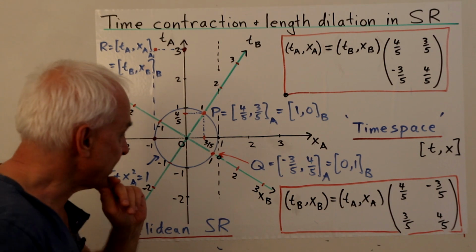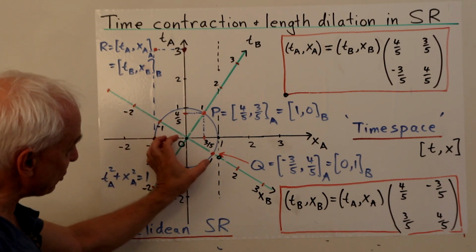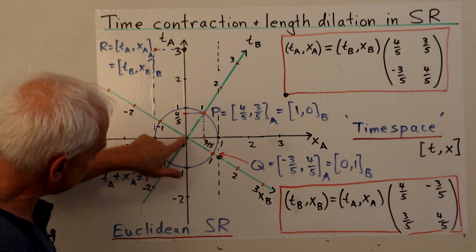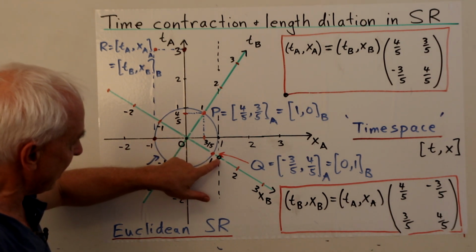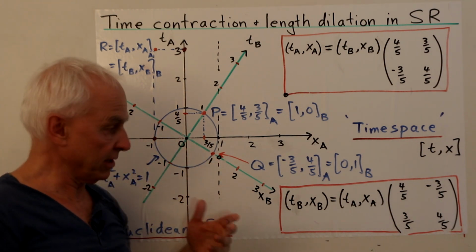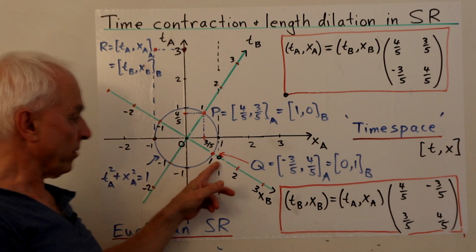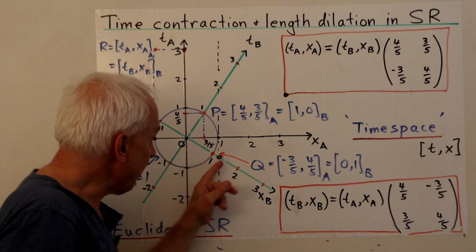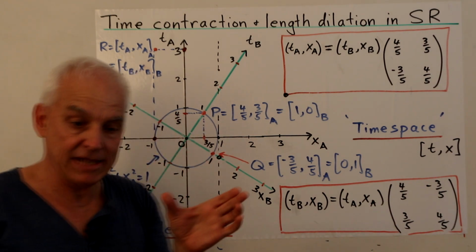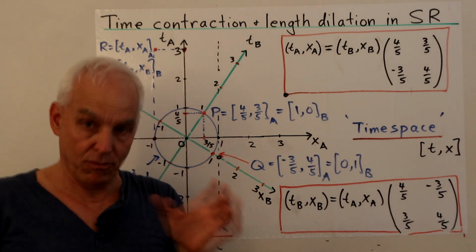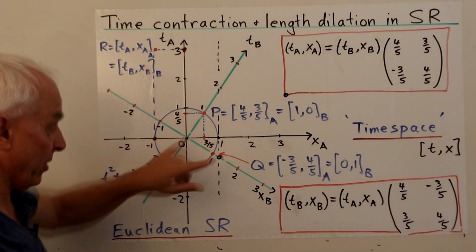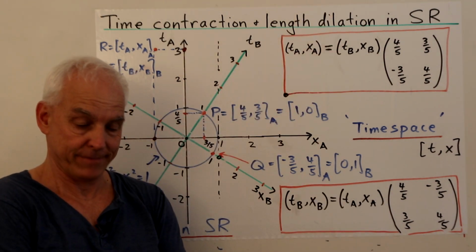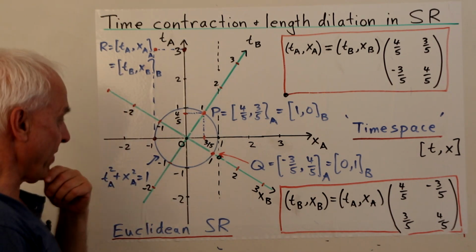And so that is the key for him to measure the length of this ruler. He's going to look, well, that's at 0. Where is that at? Oh, that's at something a little bit bigger than 1, actually at 5/4. But anyway, it's something bigger than 1. So B observes that A's ruler does not have length 1. It has a length bigger than 1. This is length dilation.